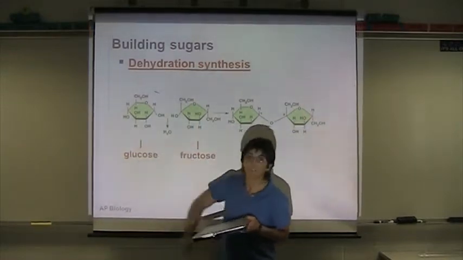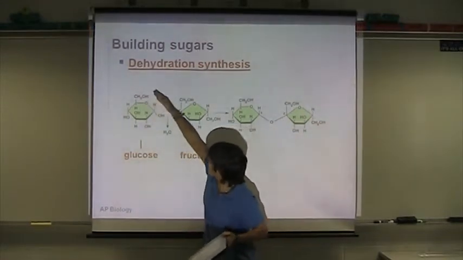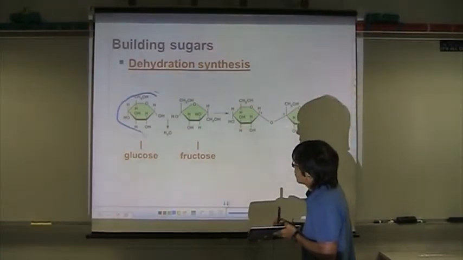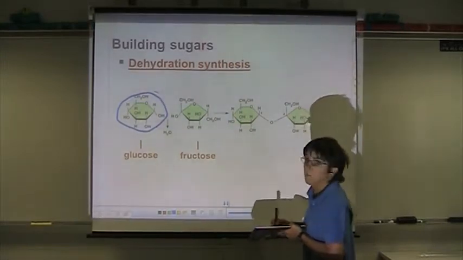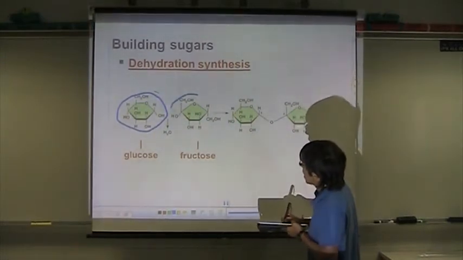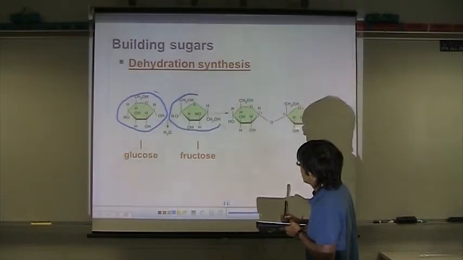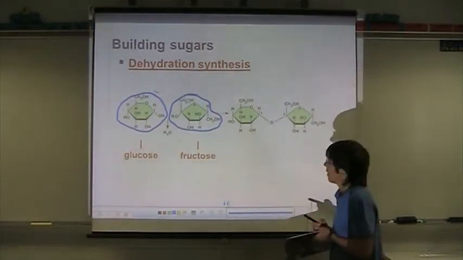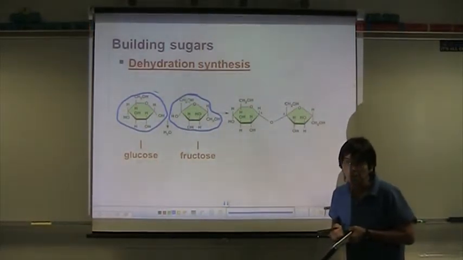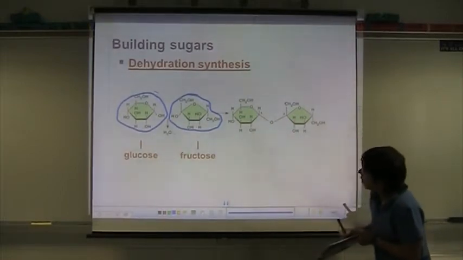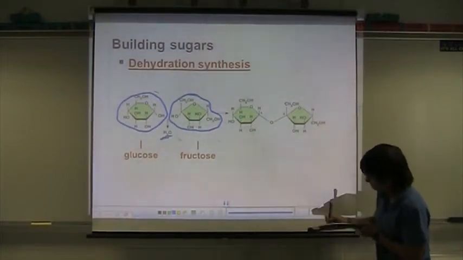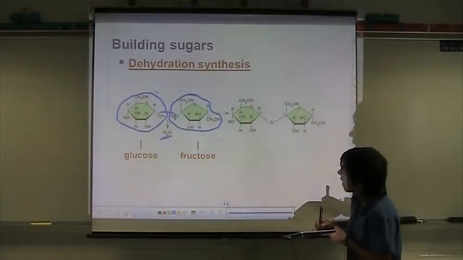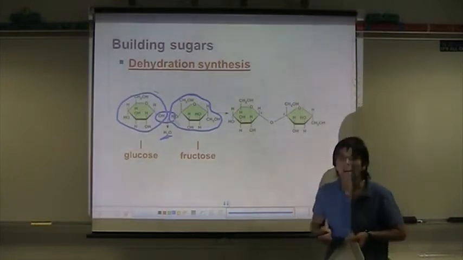Notice, I have 1 monosaccharide, 1 monomer, and I have another one down here. Got it? Guess what we are going to do to join them, to make a disaccharide? We are going to remove a molecule of water, and what we are going to remove is the hydrogen of one and the OH of the other one, right there.